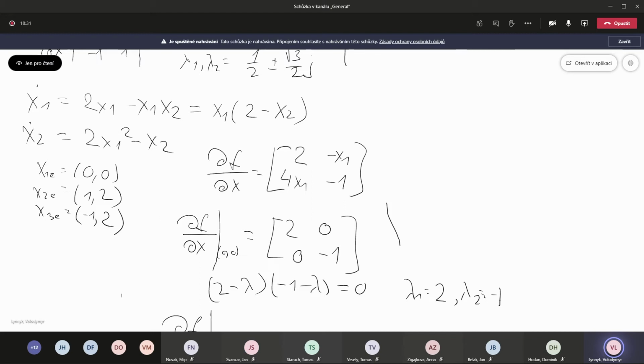The Jacobian at (1, 2) is equal to minus 2, and 2 and minus 1, and 4 and minus 1.